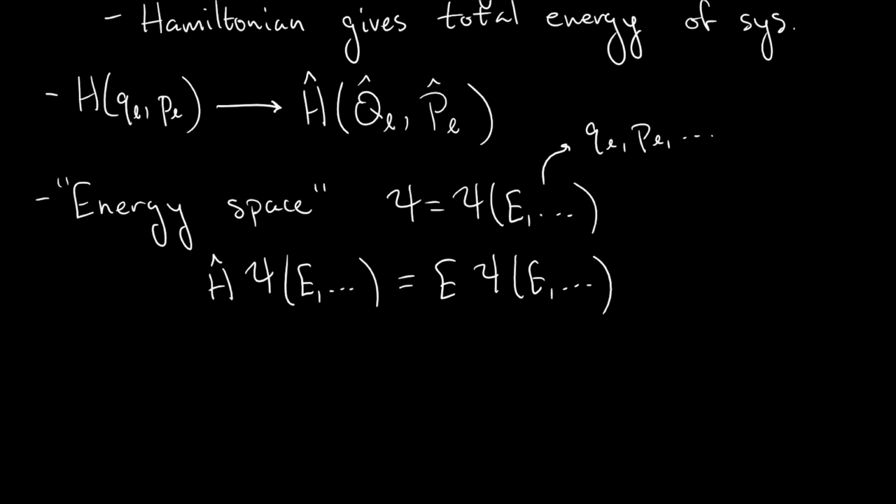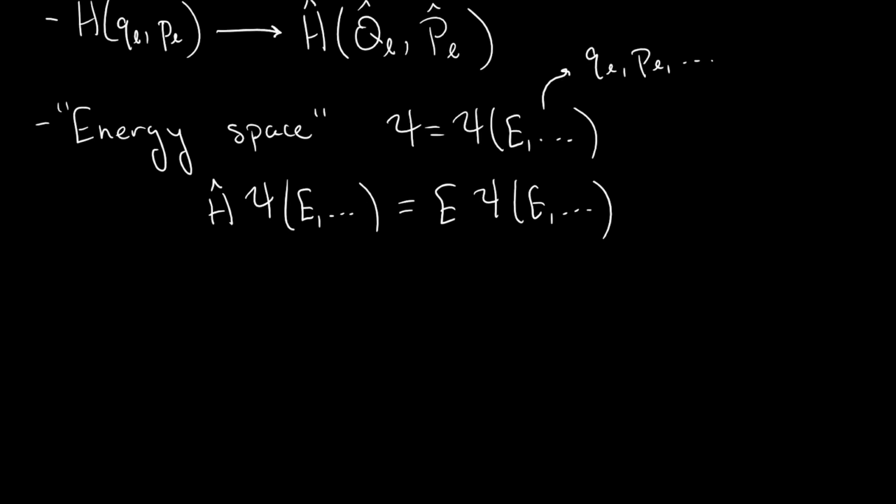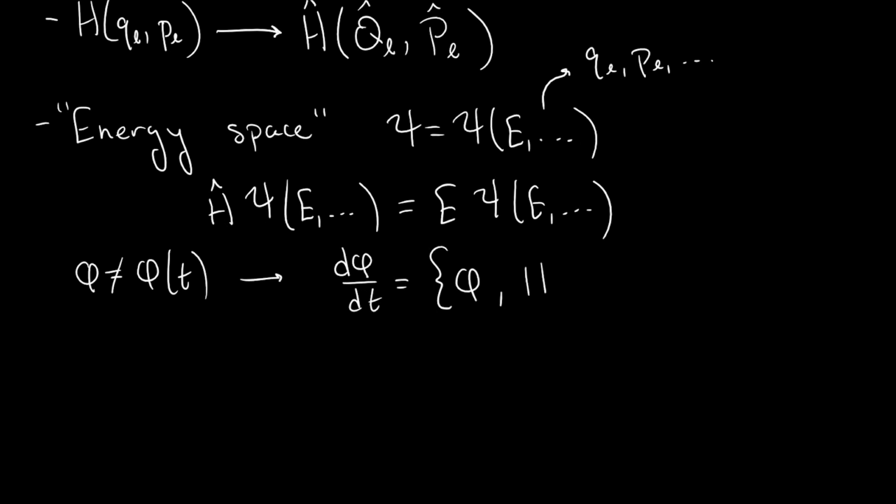But again, we already saw that the Hamiltonian is what generates time translations. In particular, say that we have some phi which is not a function of t, then we saw that d phi dt is given in terms of this Poisson bracket.